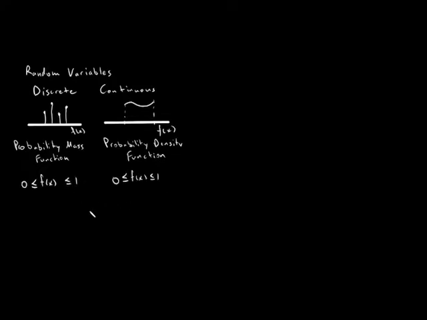Another requirement is that if you sum f of x for all x, it should equal 1. And that applies for continuous random variables as well, except you have to take the integral. So this is equal to 1.